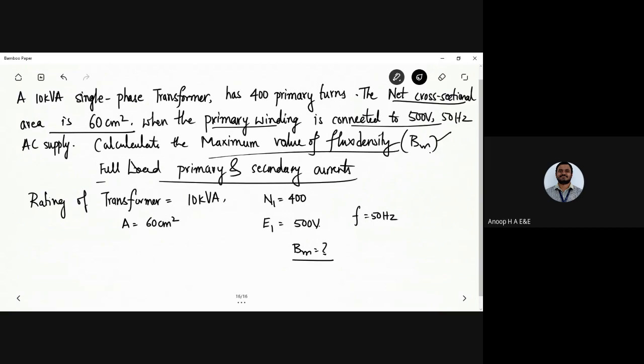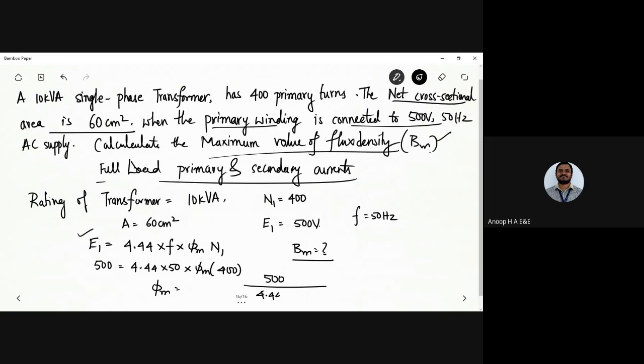How are we going to approach this problem? E1 is equal to 4.44 into f into phi m into N1. E1 is 500 volt, so 500 equals 4.44 into 50 into phi m into 400. So phi m would be 500 divided by 4.44 into 50 into 400.